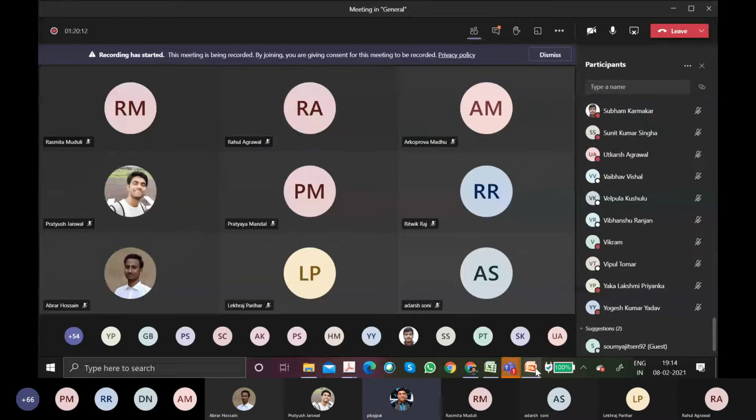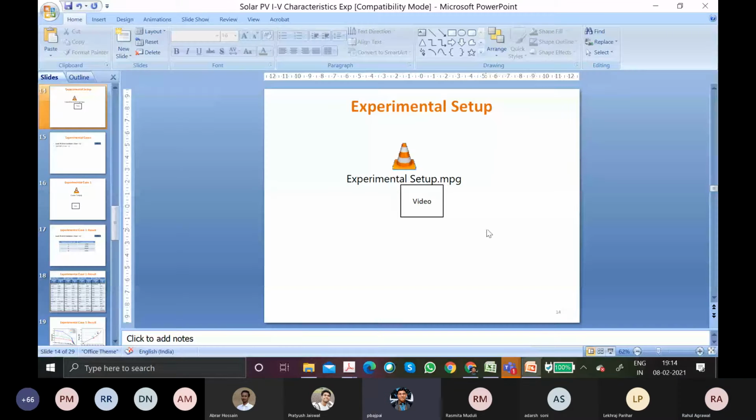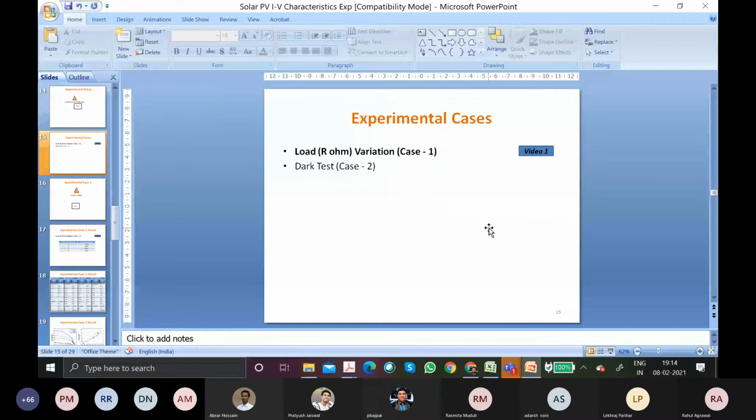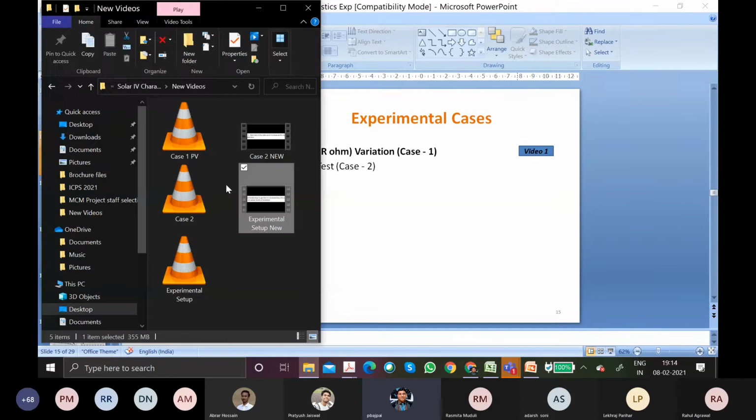Okay, let me take it forward. You enjoy. So let's see the video for the experimental number, case 1, where we will vary the load, and the second case with the dark test. Okay, yes, case 1.